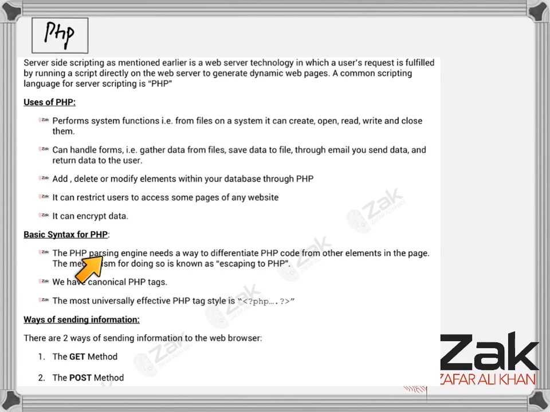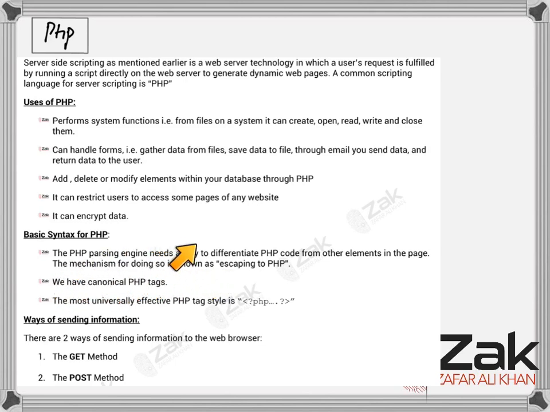Basic syntax of PHP. The PHP parsing engine, which is the program that executes PHP, needs a way to differentiate PHP code from other elements in the page. The mechanism of doing so is known as escaping to PHP.